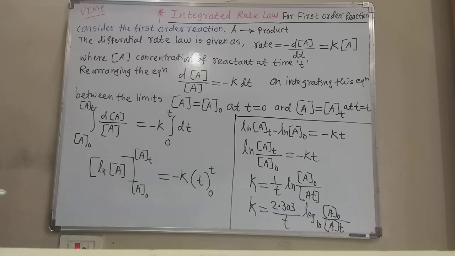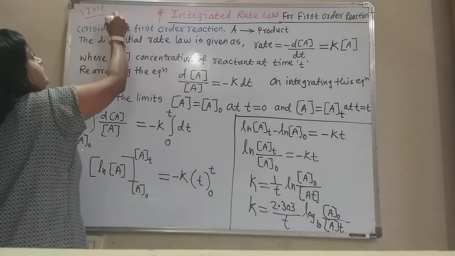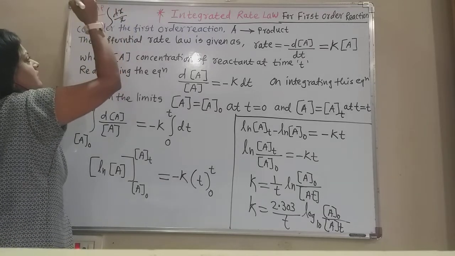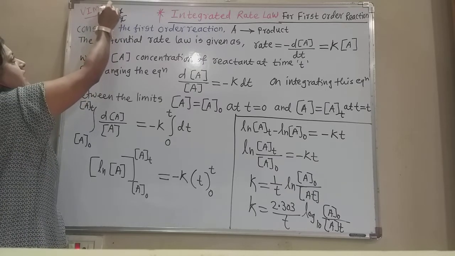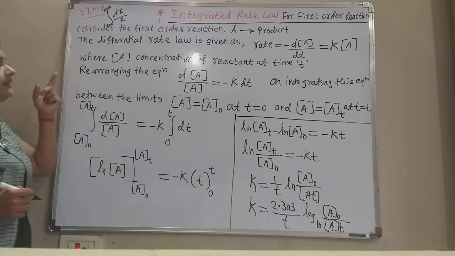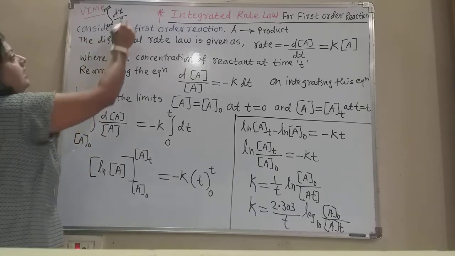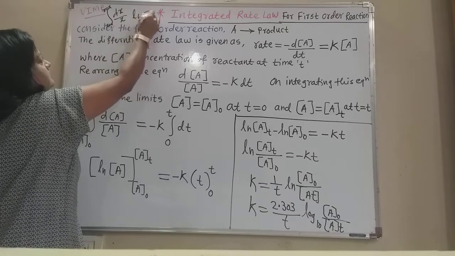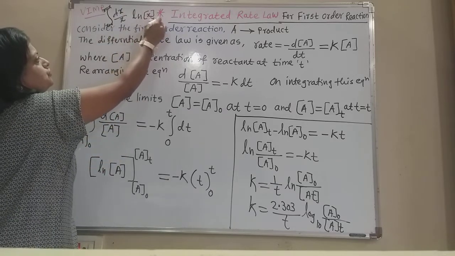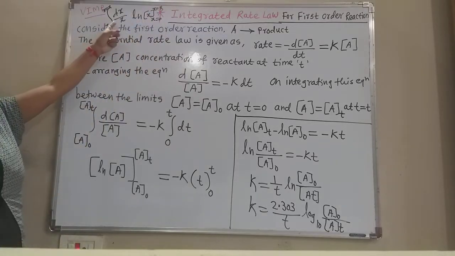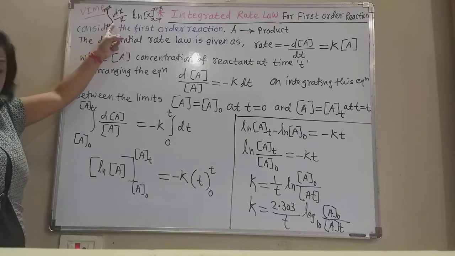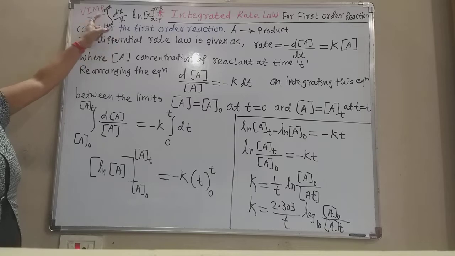Now see, what is the integration of this dA upon A? Now in mathematics there is a rule. That rule is the integration of dx upon x, from the limit x equal to x0 to x equal to x, is ln x from the limit x0 to x.